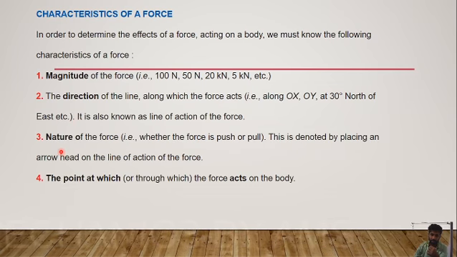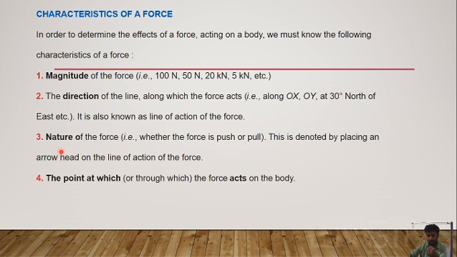The third thing, the nature of the force. We are applying force on an object. The effect on the object will depend on the nature of how we are applying it. We can take the same example we discussed previously. A man is cycling, and one person is catching the back of the cycle.